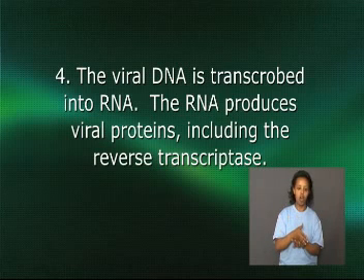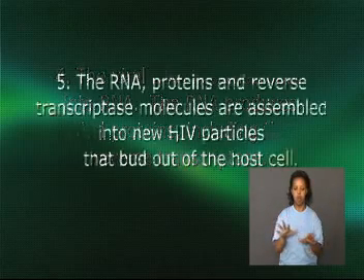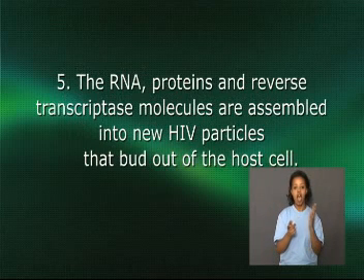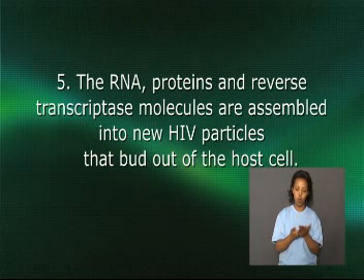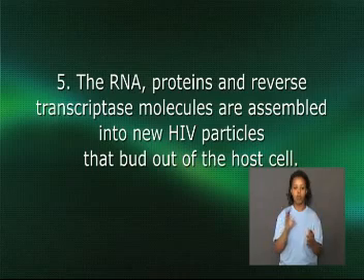The RNA produces viral proteins, including the reverse transcriptase. In the fifth step, the RNA, proteins, and reverse transcriptase molecules are assembled into new HIV particles that bud out of the host cell through the membrane.